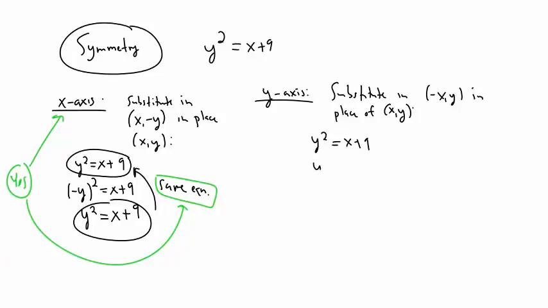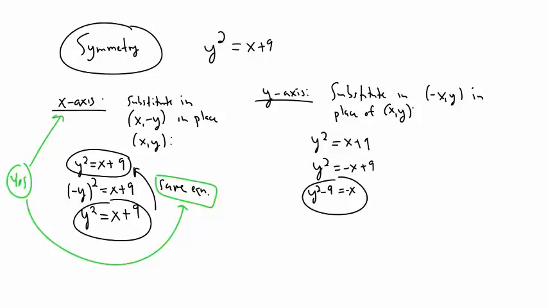We make the substitution. And we see that this equation is not equivalent to the original. How do we see that? Well, we can rewrite this as negative x equals y squared minus 9.